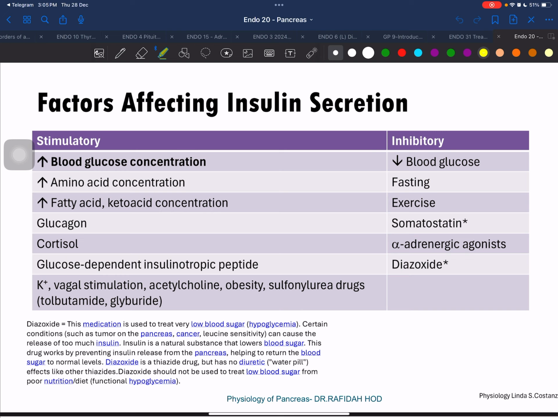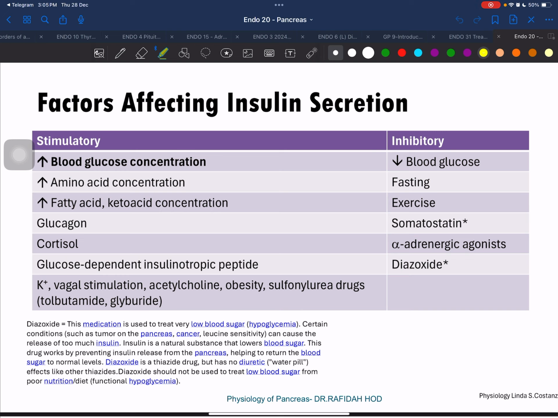Okay. So apart from what else is high, it's amino acid yang high, fatty acid, high nucleic acid pun akan stimulate the insulin secretion. But most importantly is the blood glucose. So whenever there is a condition where your body has high blood glucose, then insulin will be secreted. So other factors will be cortisol. And then this one is glucose-dependent insulinotropic peptide.